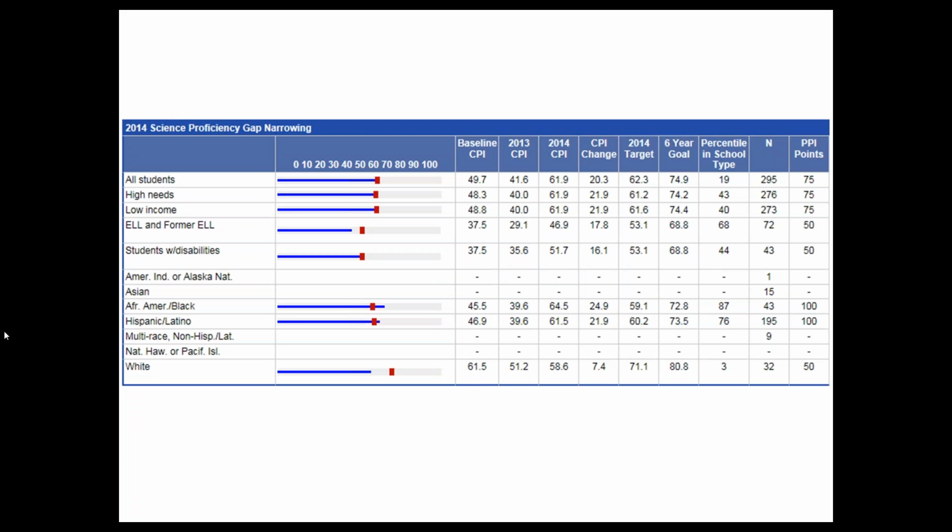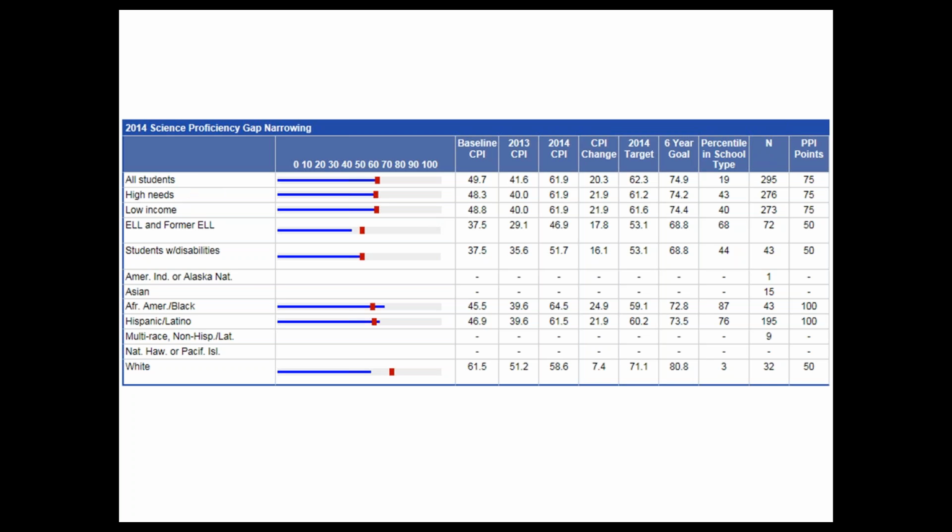And what happens is that oftentimes on the testing, there are all these different accountability areas, and special populations like high needs, low income, English language learners, students with disabilities, and so on, will be given their own category, and then in each of those categories, a school can get points.